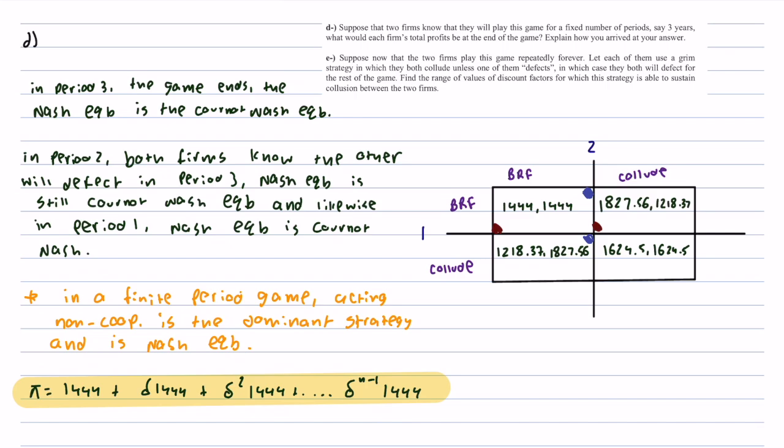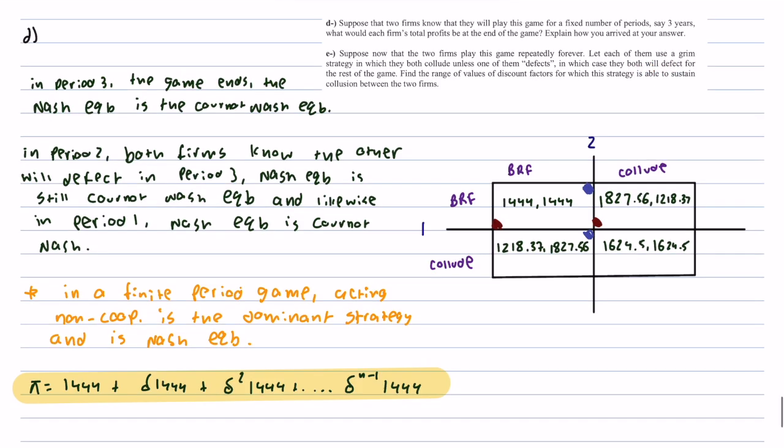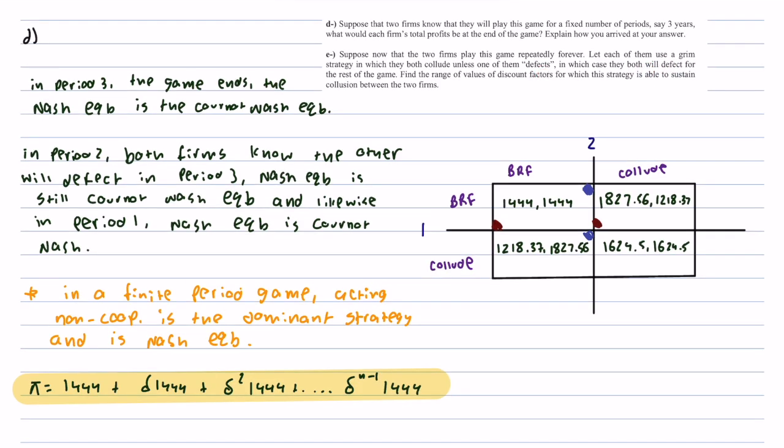Okay, now we're going to move on to the infinite period game, right? Question E. Suppose now that the two firms play this game repeatedly forever. Let each of them use a grim strategy in which they both collude unless one of them defects, in which case they will both defect for the rest of the game. Find the range of values of discount factors for which this strategy is able to sustain collusion between the two firms.